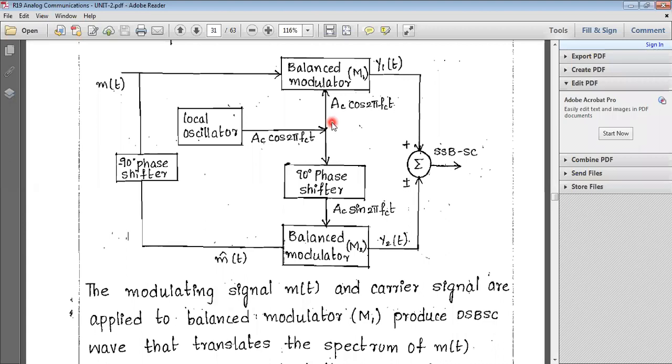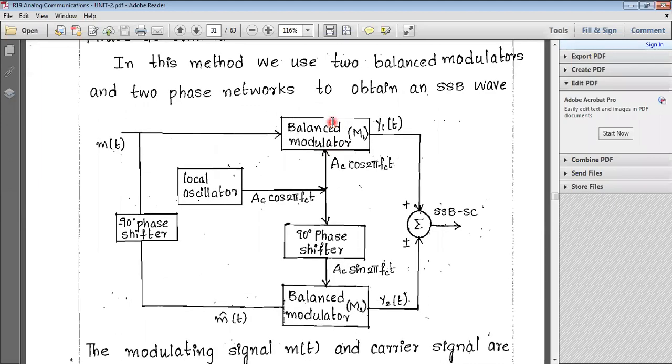Already you know at the balanced modulator output we have a DSBSC signal. That is, y1(t) is a DSBSC signal. y2(t) is also a DSBSC signal, obtained by multiplying m(t) and the carrier signal. Already you know that signal.